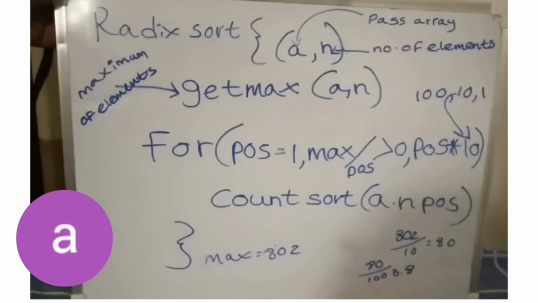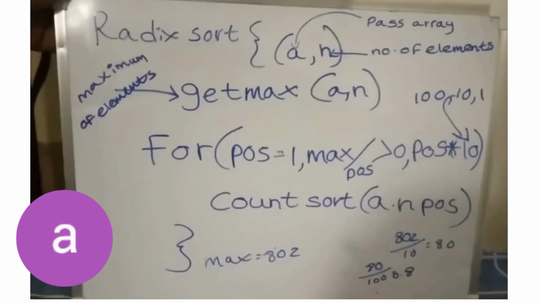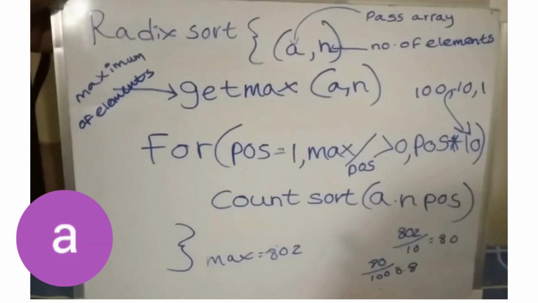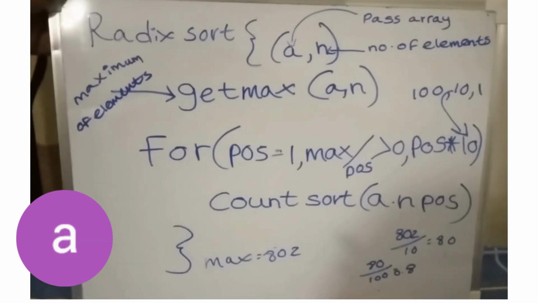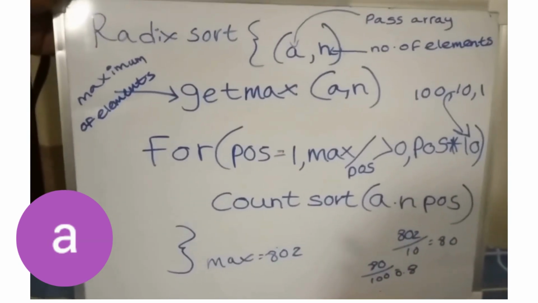So let's see how the Radix sort code is written. This is not the complete code. I wrote this for getting an idea.